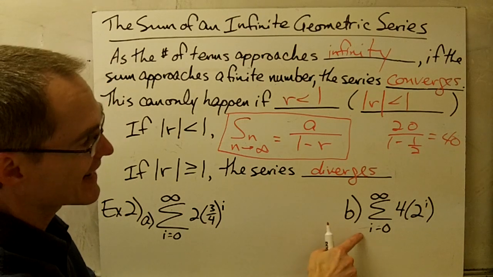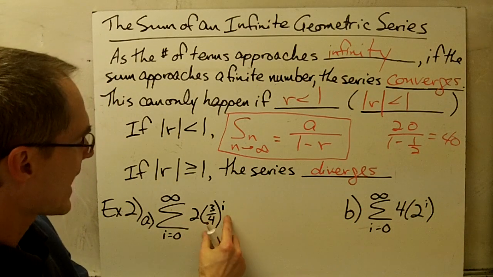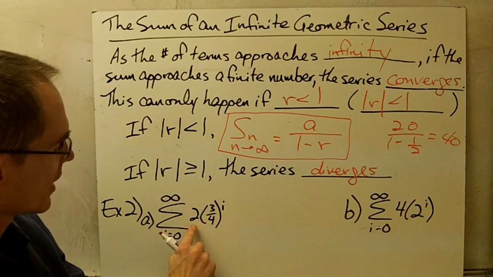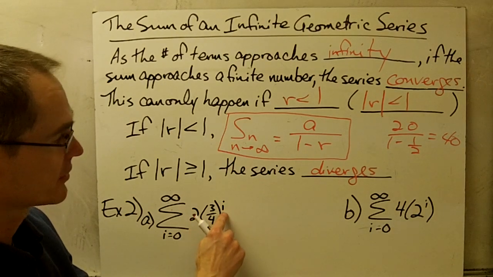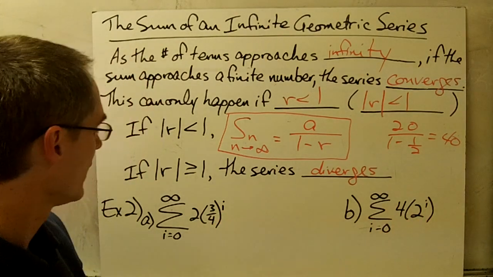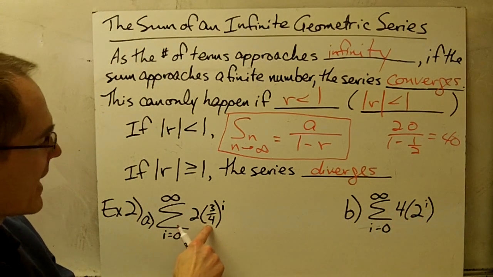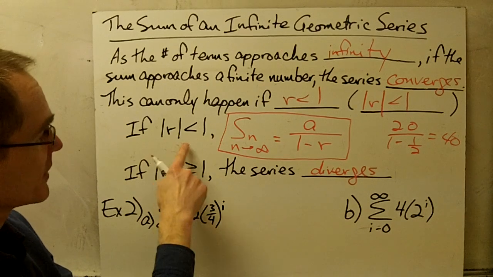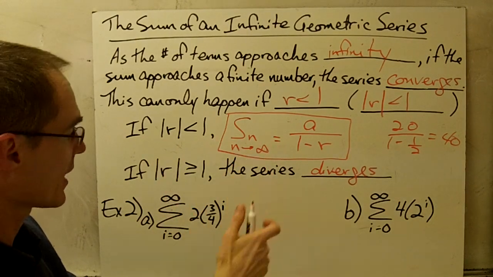That is, I can see that it's got an infinite number of terms, and each one of the terms is in the form of a times r to the power of i. Well, this one, my r value is less than 1, which means I can just use this formula right here.